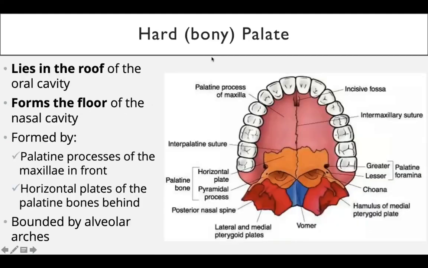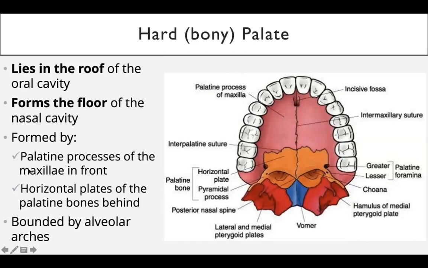Okay, so first we go for the hard or bony palate. It lies in the roof of the oral cavity, yes, you already know that. It forms the floor of the nasal cavity. So it makes the roof of the oral cavity and forms the floor of the nasal cavity. We are talking about the hard palate. It is formed by the palatine processes of the maxilla in front.